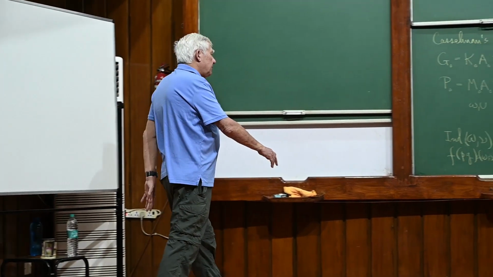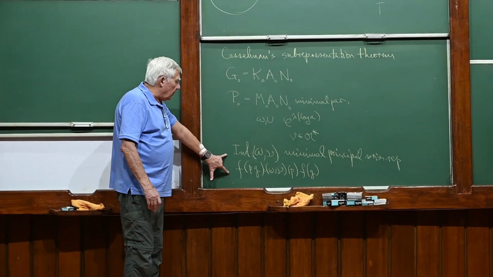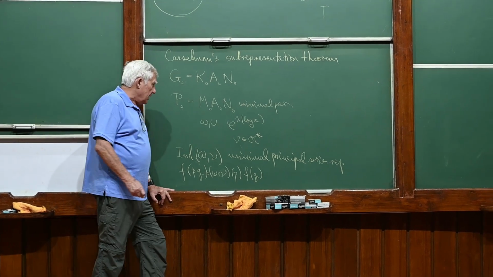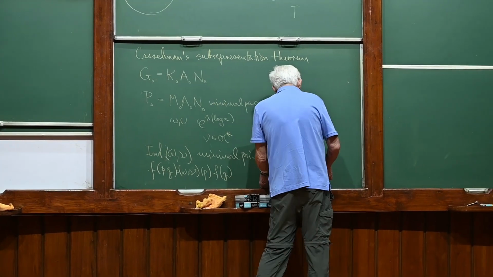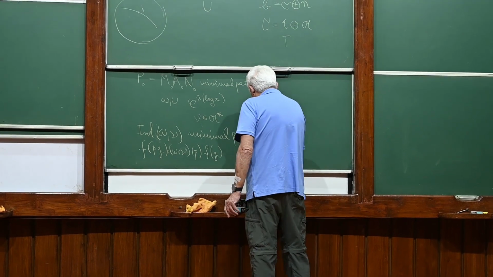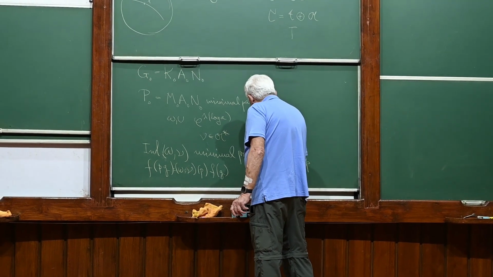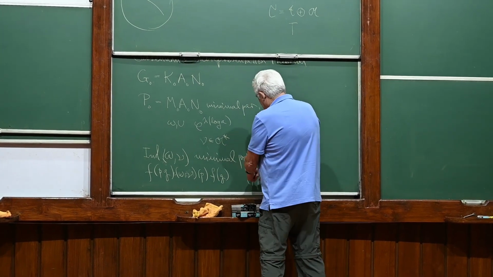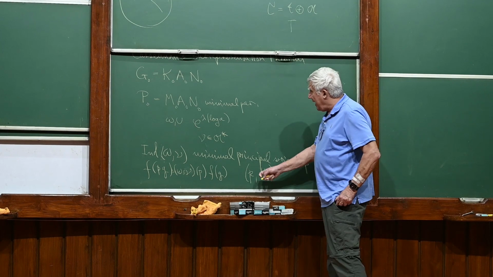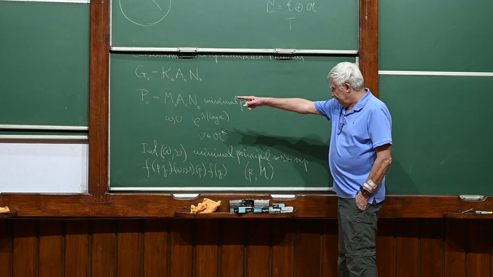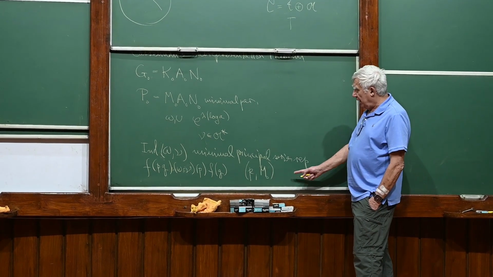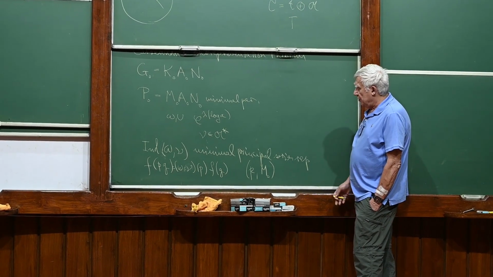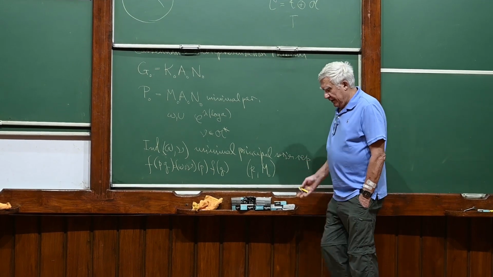I don't want to be specific about this because I use cohomological induction for the pair P, M naught, where P is the complexified Lie algebra, and M naught is this M naught from the minimal parabolic, and you get these cohomologically induced representations.